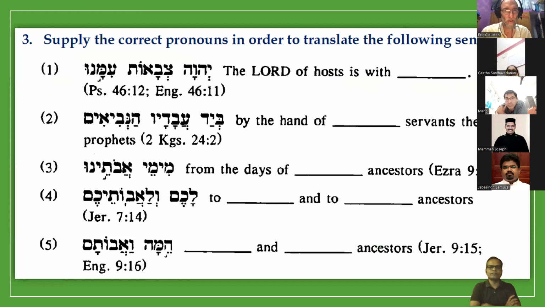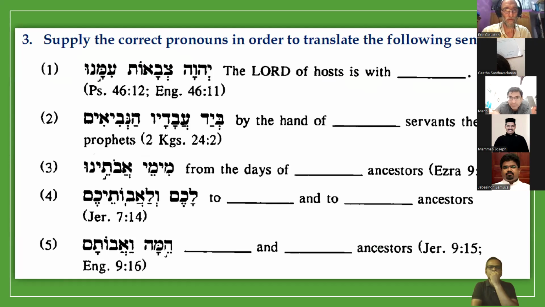Sir, here the final thing, avotam, is singular. It is in the singular third masculine pronoun, but in the singular form. So the translation will be ancestor or ancestors.